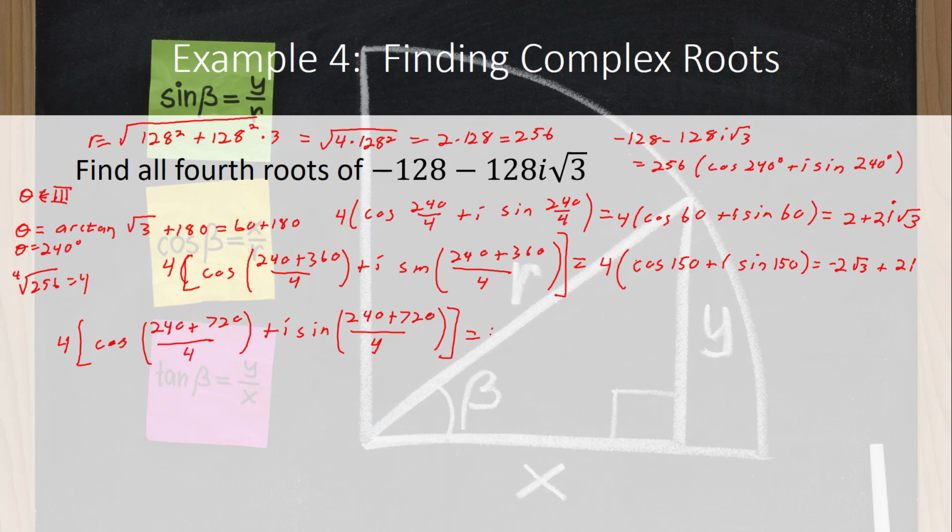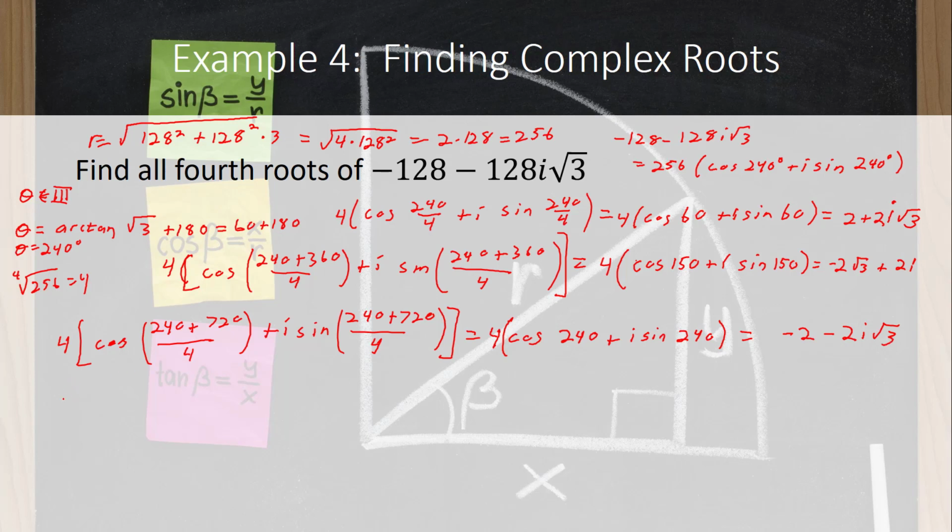That is going to be equal to 4 times the cosine of 240 degrees plus I times the sine of 240 degrees, and that will be negative 2 minus 2I times the square root of 3.